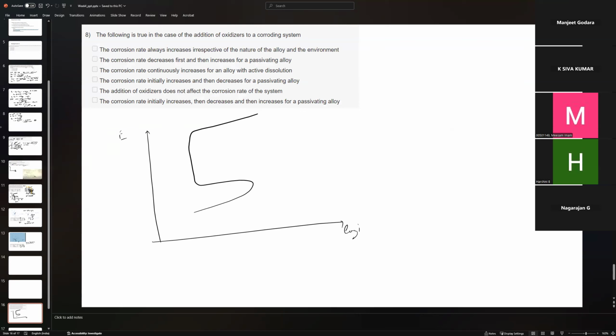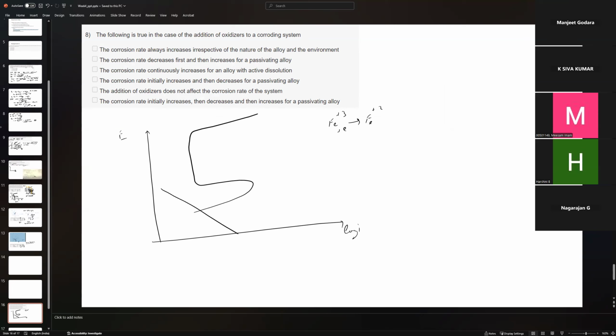So it was oxidizer concentration, so if you had, like, Fe plus 3 added, it would have a tendency to oxidize, they will get reduced, like this.